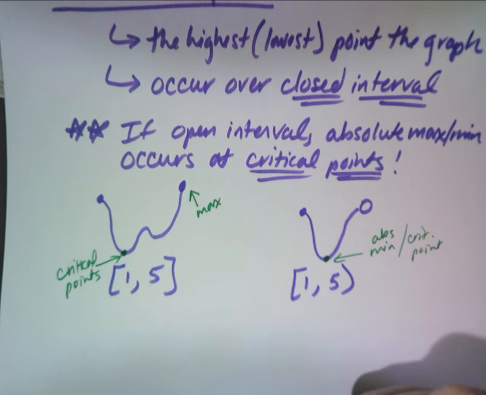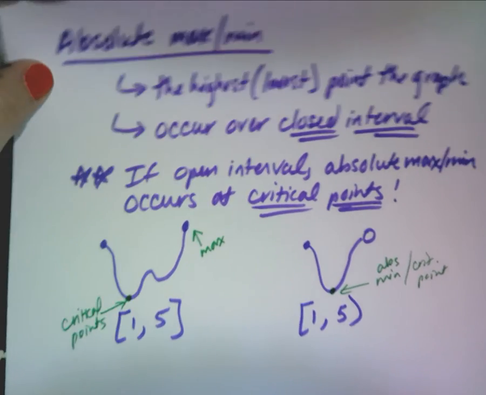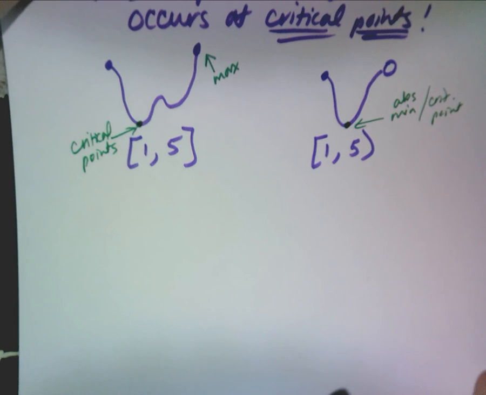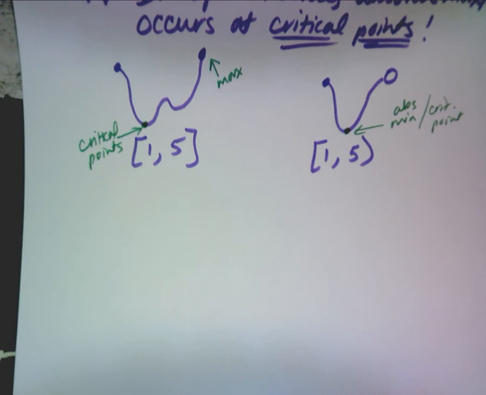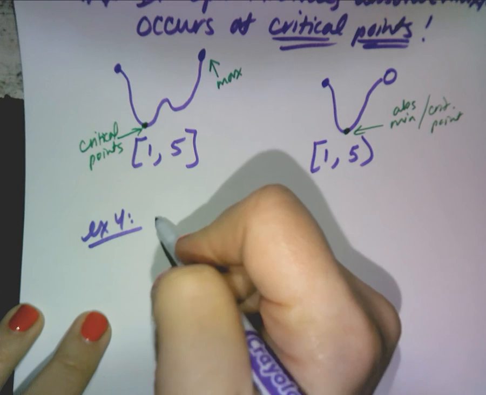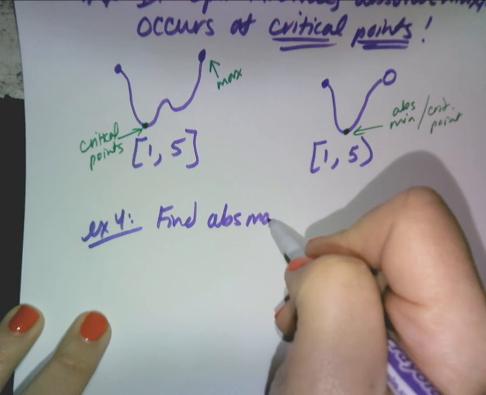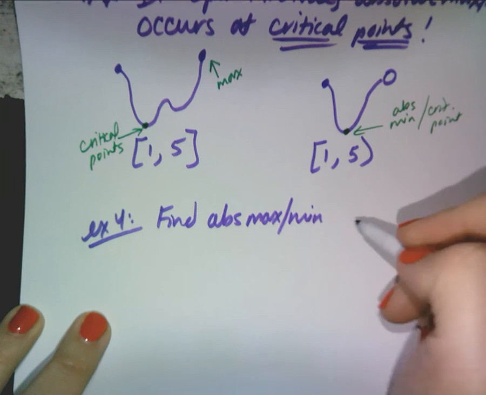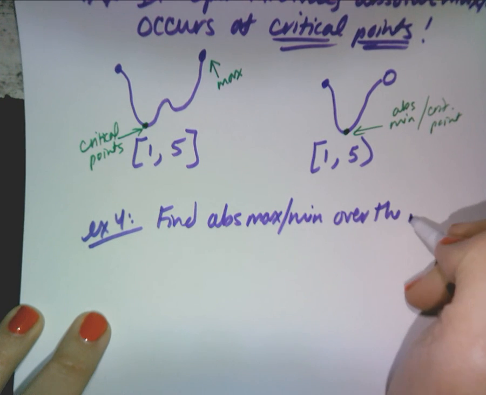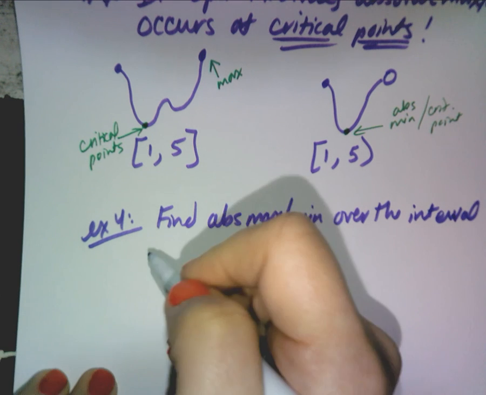So here's what you're going to do then. We'll just do one example because it's pretty easy. No, you don't have a max necessarily. So you are going to find the absolute max and min over the interval, and they're going to give you the interval.